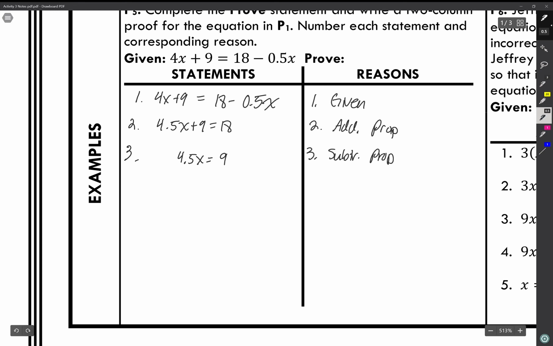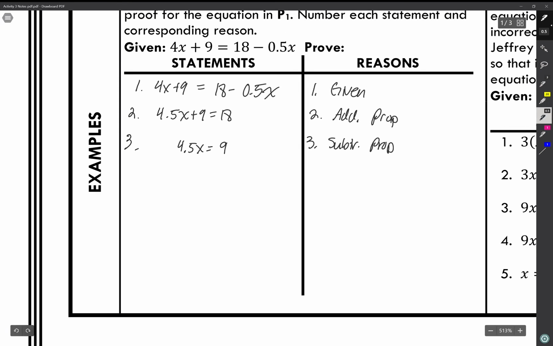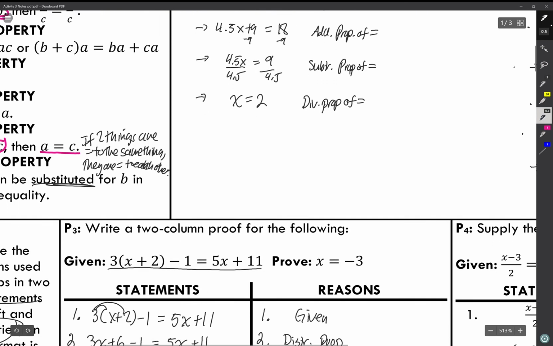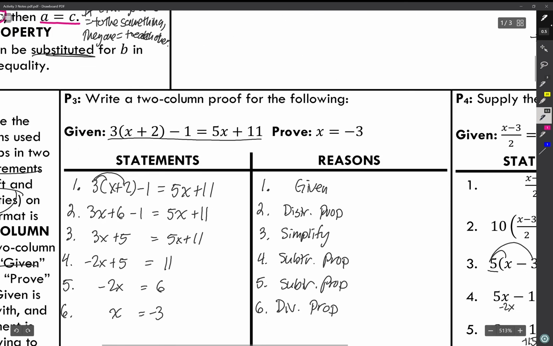So again, I want to remind you that when we're doing these 2-column proofs, you need to be numbering every step so I know which statement corresponds to which reason. If you don't do that, you will be marked off because you have to be numbering each step. Alright, anyway, number 4. If we look back, we divided both sides by 4.5, and then we got x equals 2.